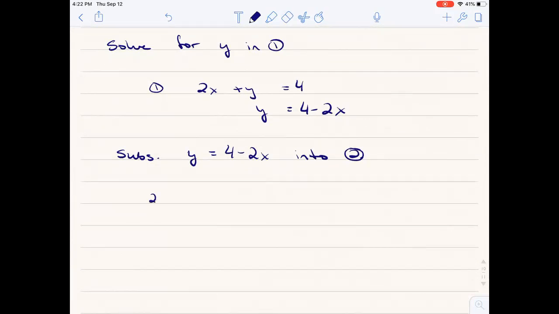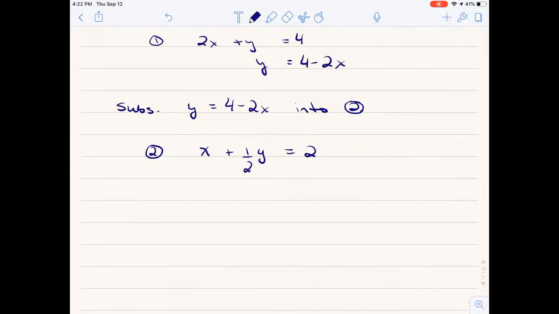Equation 2 says x plus 1/2 y is 2. So I get x plus 1/2, and then inside brackets, 4 minus 2x has to take the place of y, equals 2.